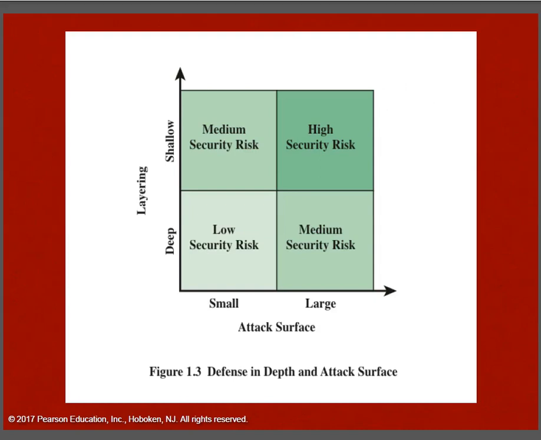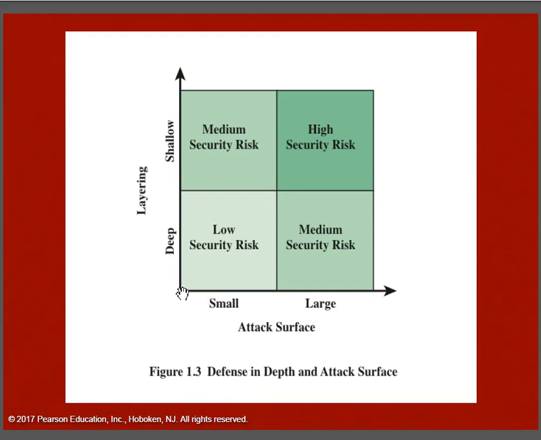Here you can see, as illustrated in this figure, the use of layering, or defense in depth, and attack surface reduction, which complement each other in mitigating security risk. Here you can look at the layering, and here you can see the attack surface.